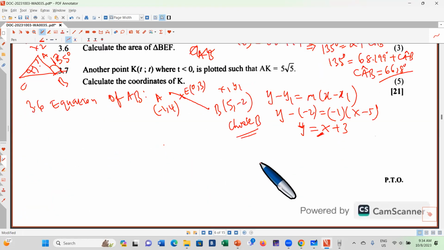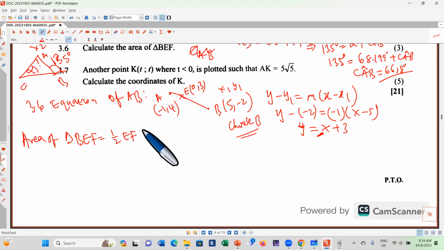So we're going to do it here and say the area of triangle BEF is half the base, which is EF, multiplied by the perpendicular height.